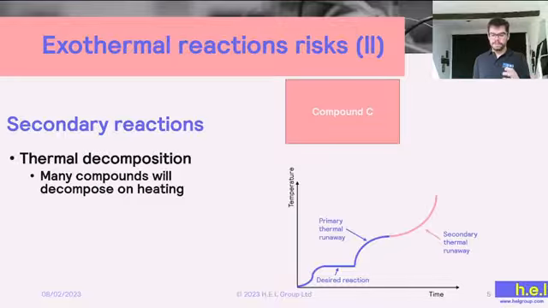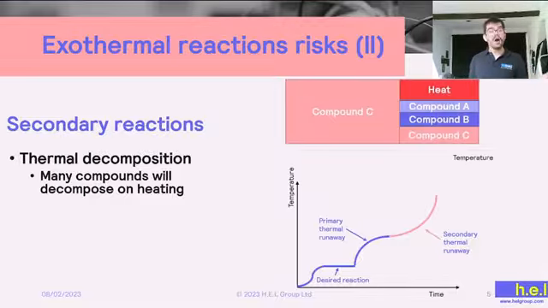Thermal decomposition happens when a compound breaks into two or more substances, and this kind of reaction can be accelerated by heating. So let's go back to our example, and we have compound C, and it's going to break down into compound A and compound B. It can be the case, if it's an exothermic reaction, that heat is going to be accumulated as well.